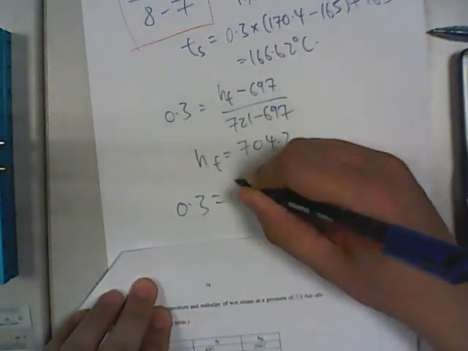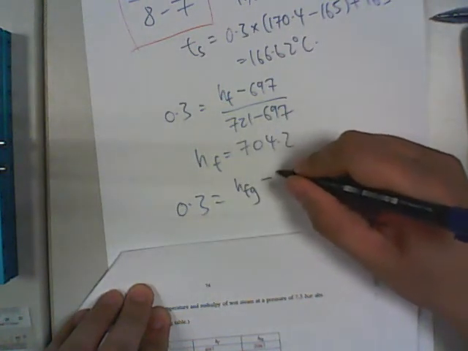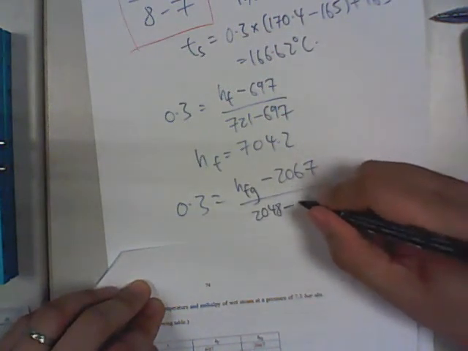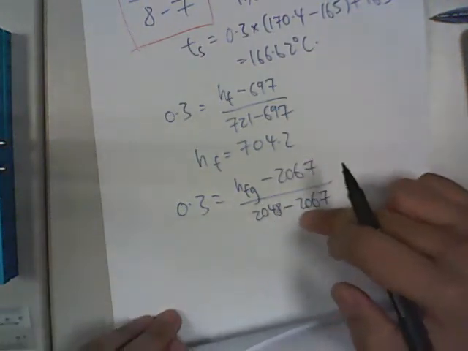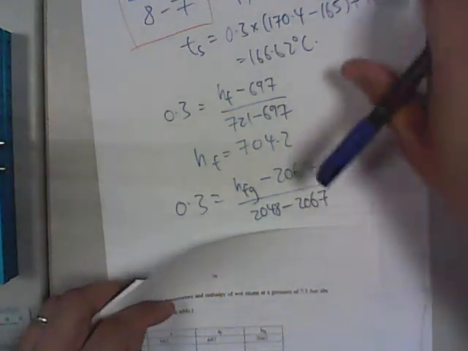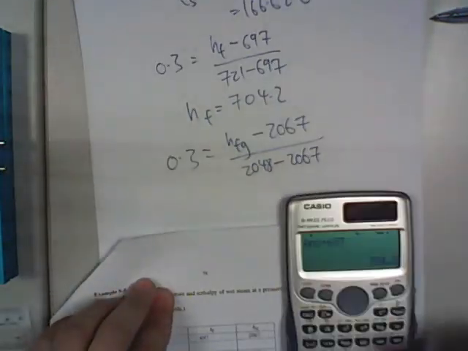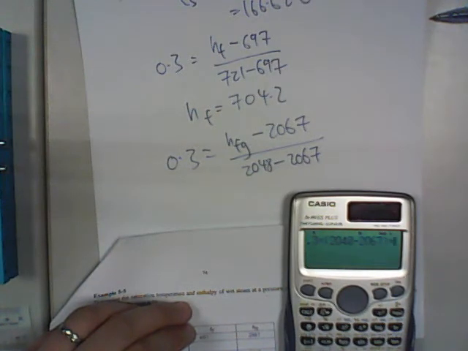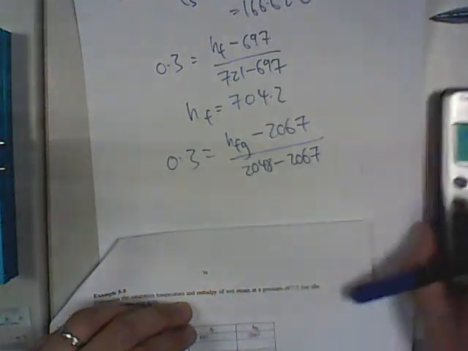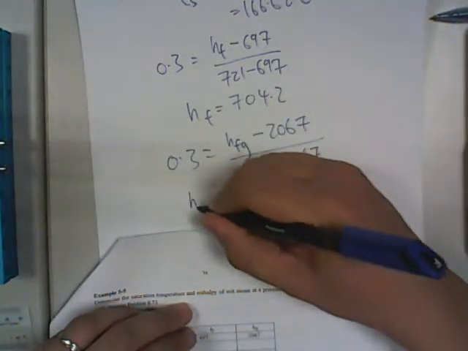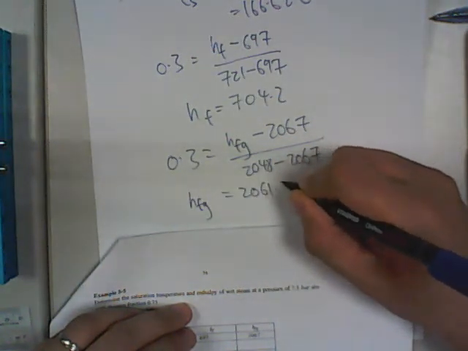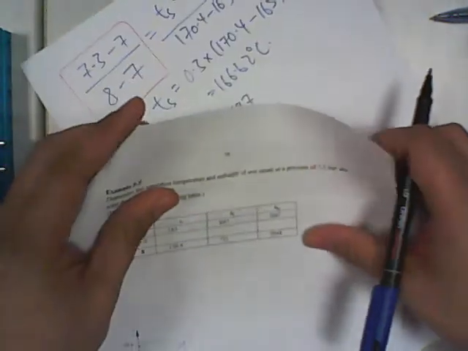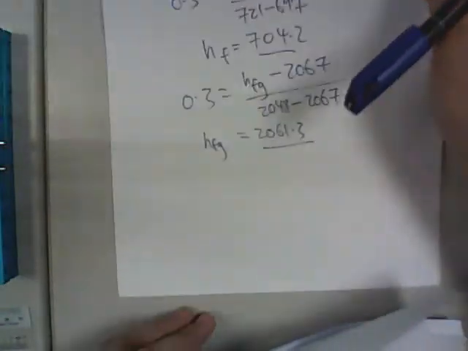Okay, and again I can find HFG. 2067 over 2048 minus 2067. You see, sometimes the value decreases, sometimes the value increases, so it's alright if we find a negative number here. HFG is 2061.3. Now that we have this value, we can use the dryness fraction 0.75.